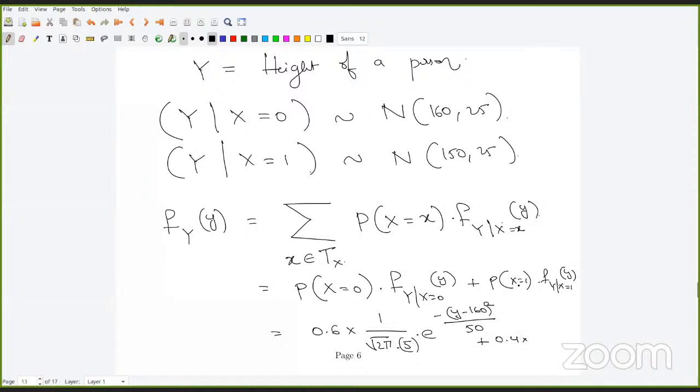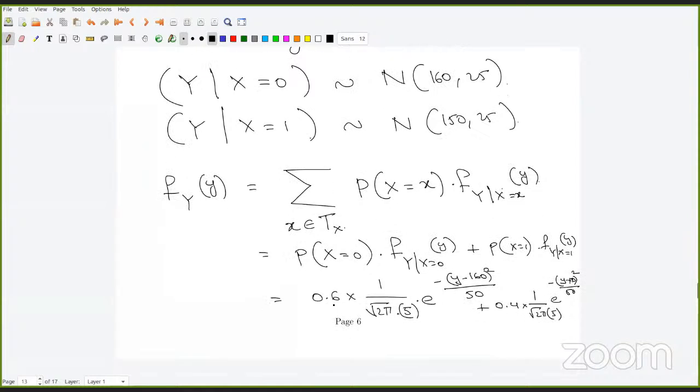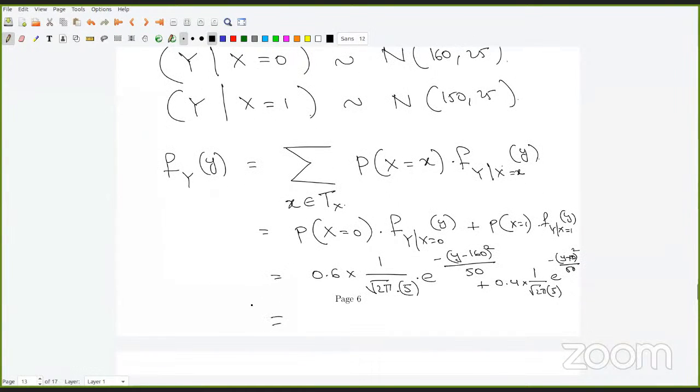Plus, the probability that X equals 1 is 0.4, times 1 by root 2 pi into 5, sigma is also 5, e to the power minus (y minus 150) whole square divided by 50. So this will be the PDF of y.